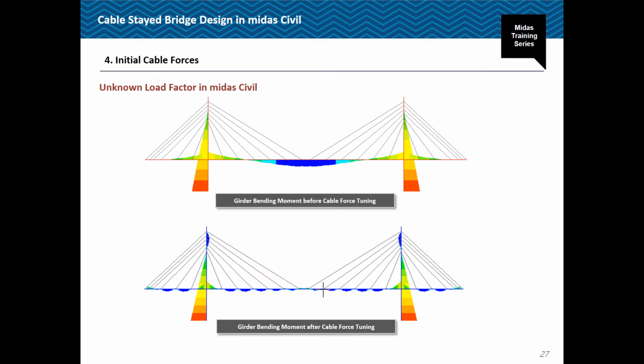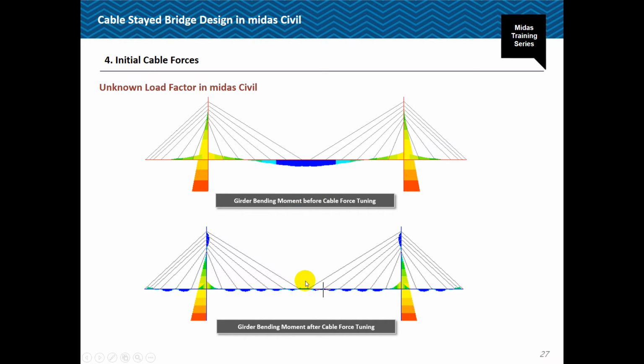So what you see on screen now is a typical outcome that you would be expecting. The first image at the top shows the bending diagram of the deck before the optimization done with ULF, and the bottom picture shows how the bending is being optimized or changed with the optimization. Something to notice is that in here you can see how the hogging moment is quite high and almost comparable with what's at midspan.